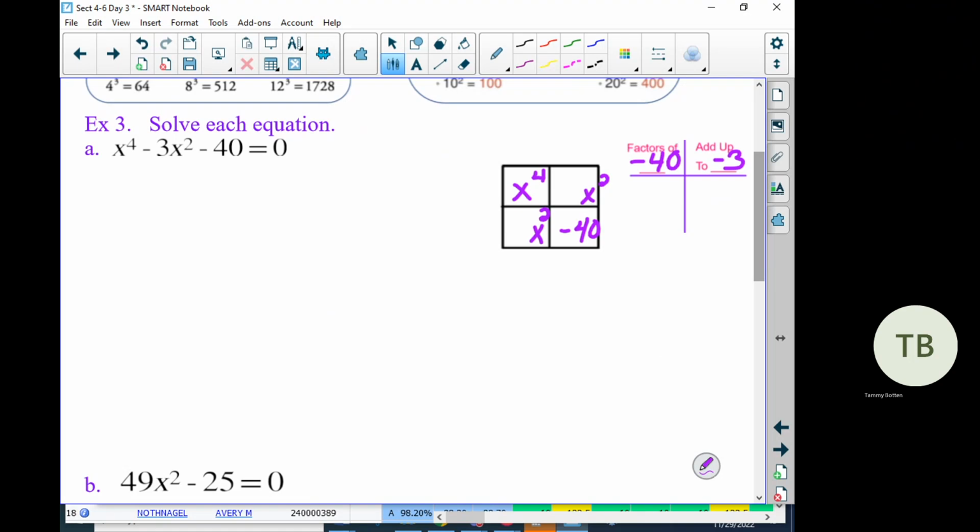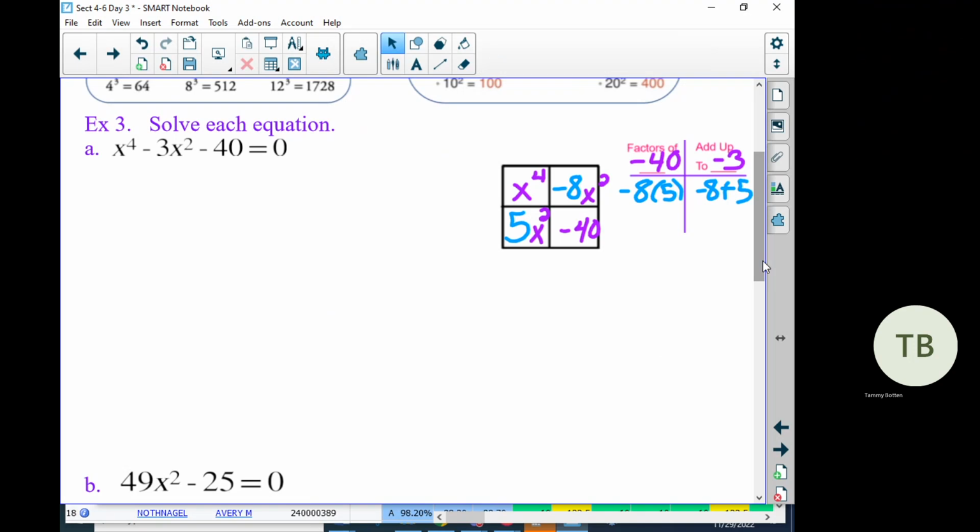So can you guys think of two factors of -40 that give me a -3? -8 and 5, thank you. And -8 plus 5 is -3. So one of these is going to have a -8, one's going to have a 5.